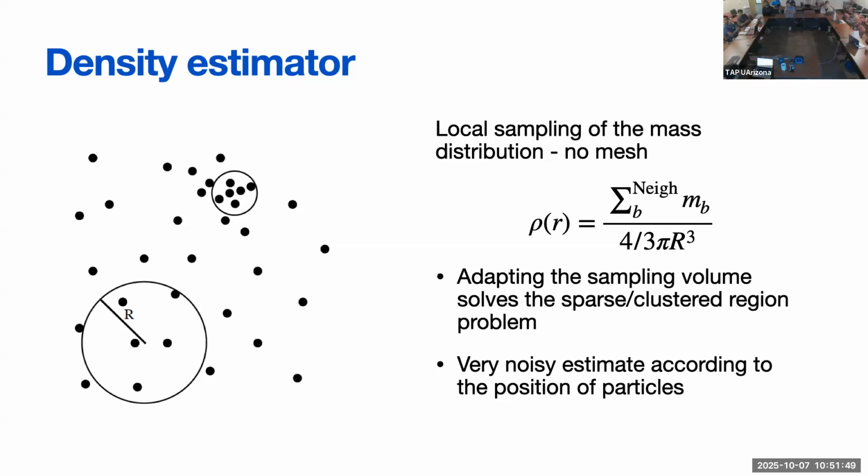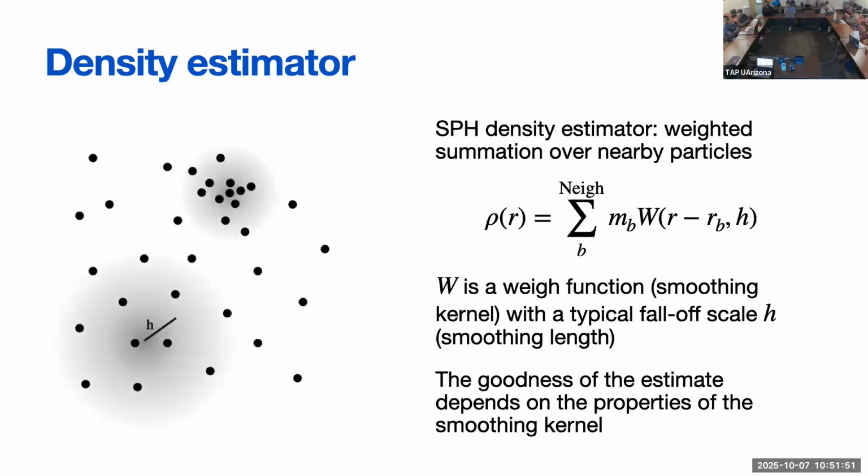The last method is the one SPH uses. It is similar to the one I showed you just before, but with an improvement. With SPH, we sample the density at a given location of the domain, usually the location of a particle, and the density estimator can be written as a weighted summation over nearby particles.